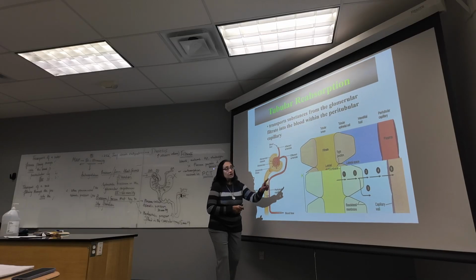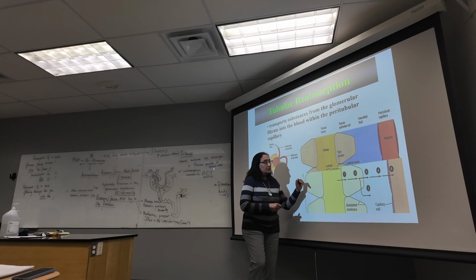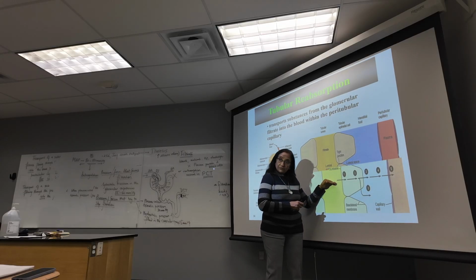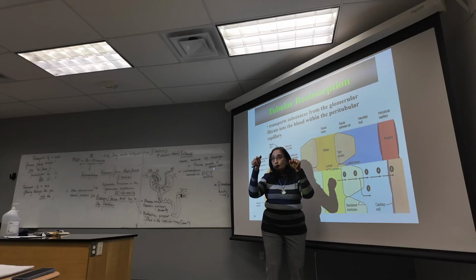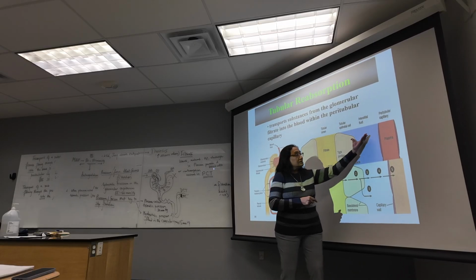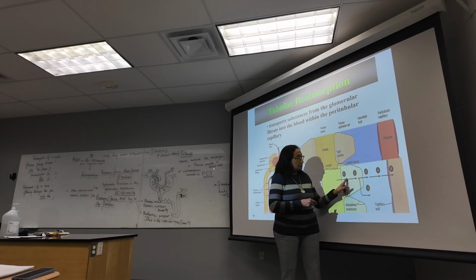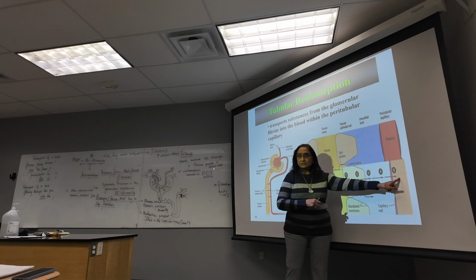There are three ways in which they can move. One, they can go from the lumen, through the cells, the cuboidal epithelium that lines the tube, through the interstitial space where there is some connective tissue and a little bit of fluid, and then into the blood.